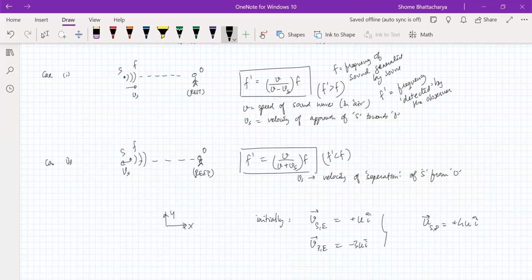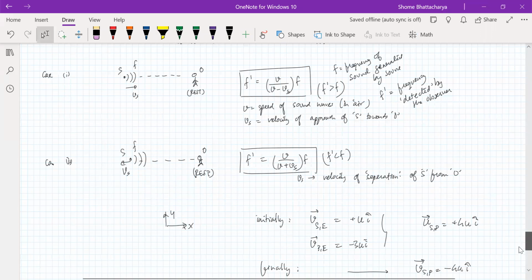Now see what happens. When the spacecraft makes that complete U-turn and escapes the gravitational field of the planet, its gravitational potential energy with respect to the planet is again tending to zero. So its kinetic energy in the planet's frame has to be the same as before. So it has the opposite direction, but the same magnitude of velocity with respect to the planet, that is minus 4u i cap.